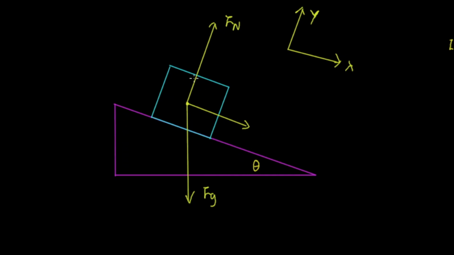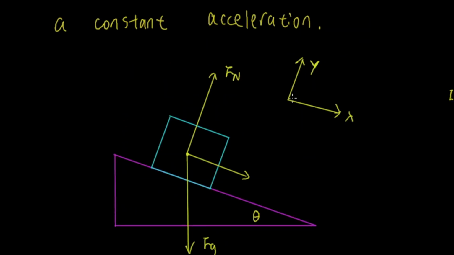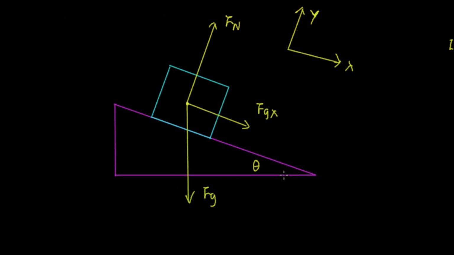So the force that's pulling the block down the ramp is the gravity force. However, since the x-axis is like this, right? It's this way, right? And this is on the x-axis, parallel to the x-axis. So this is the gravity force in the x direction. We call that F sub gx, like that. Okay, now let's look at this here.